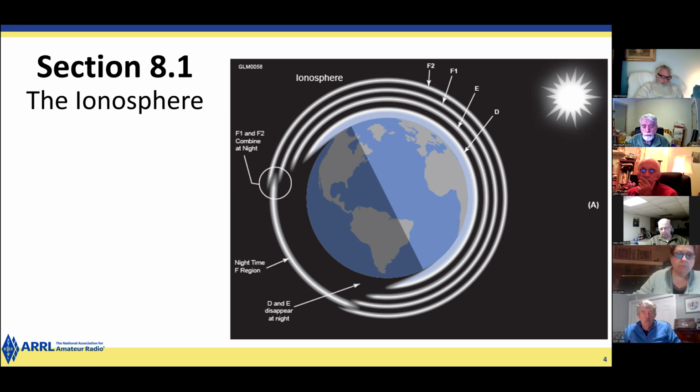the ionosphere. Now, the ionosphere is a layer of very thin atmosphere that is many miles above the Earth. And I'll get into this in the next slide.